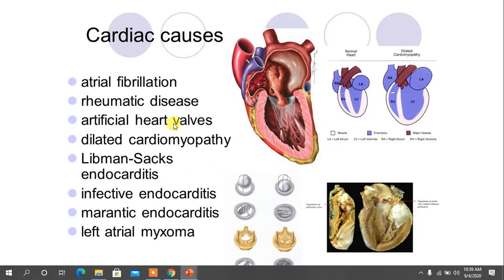When the valves are damaged and replaced by artificial valves, they can also cause it, and in rheumatic heart disease valves are very commonly affected. In atrial fibrillation, when blood clots are present, that can lead to cerebrovascular accidents. So these are the cardiac causes which should be ruled out when you see a patient with a cerebrovascular accident.